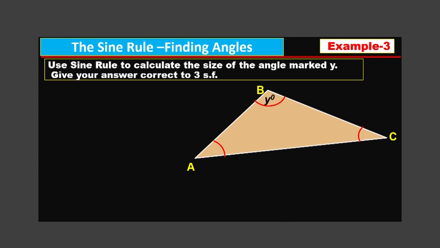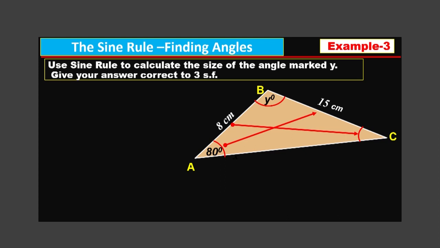Now, let's take a look at the measures of the triangle. AB equals 8 centimeter, angle A equals 80 degree, then side BC equals 15 centimeter.